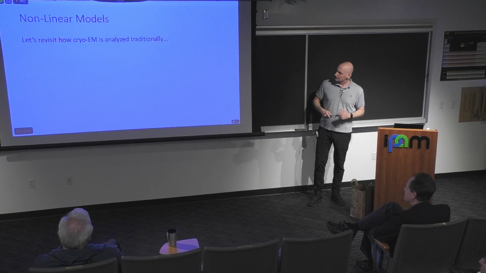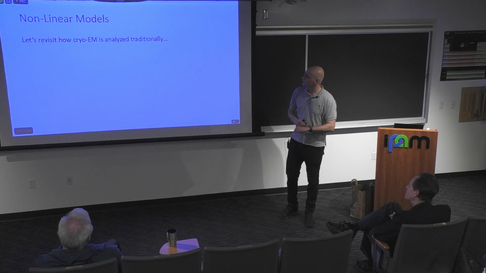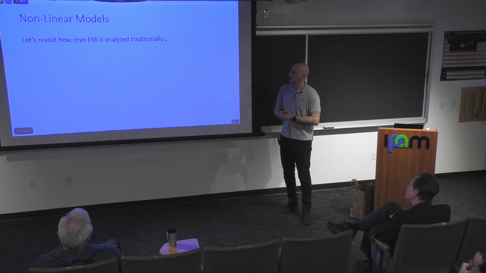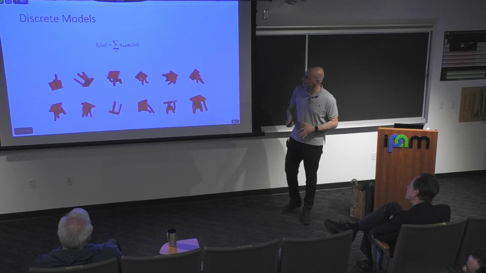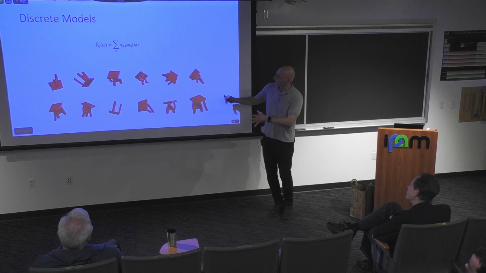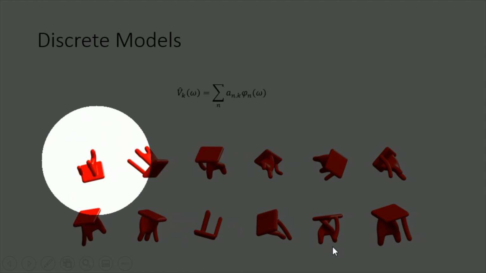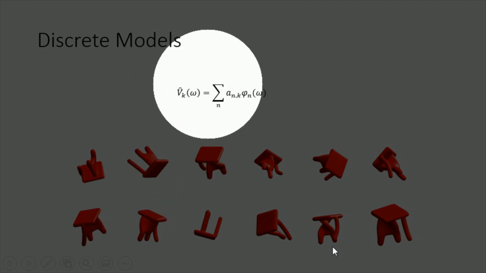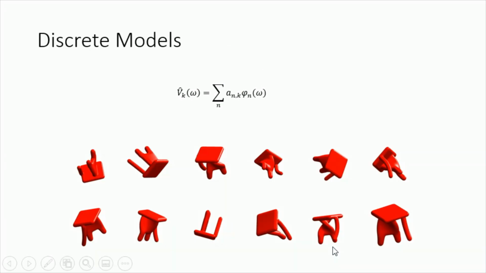And so let's first revisit how we used to do the traditional way of analyzing cryo-electron microscopy data. So like we said, we have these independent discrete models. And each one of them is usually some kind of a linear combination of some basis functions.